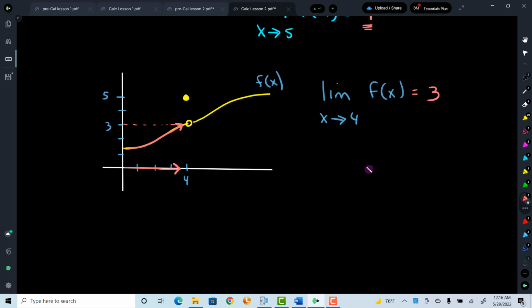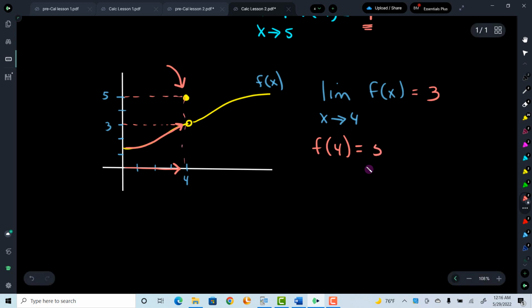Well, let me ask you something. What does this mean? What does f of 4 actually equal? So when x equals 4, what does y actually equal? Well, according to this graph, when x equals 4, y equals 5.